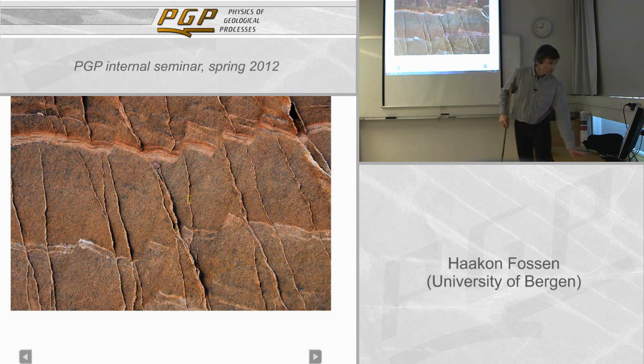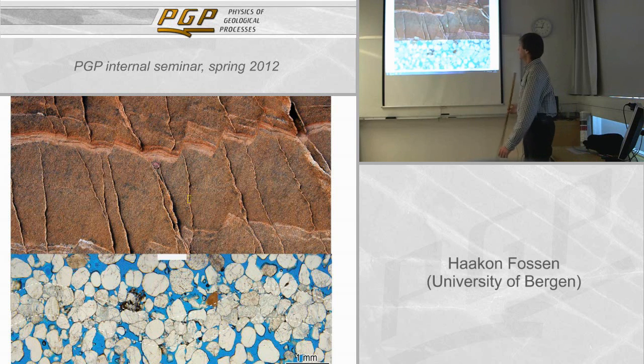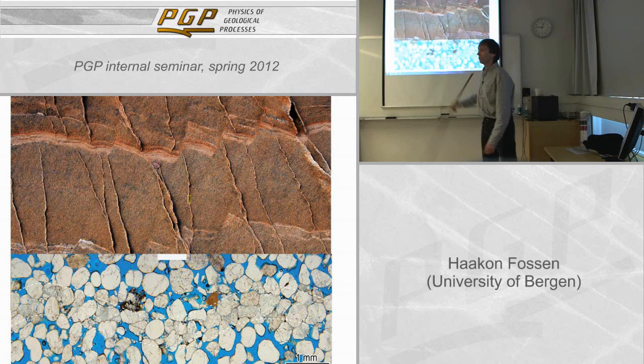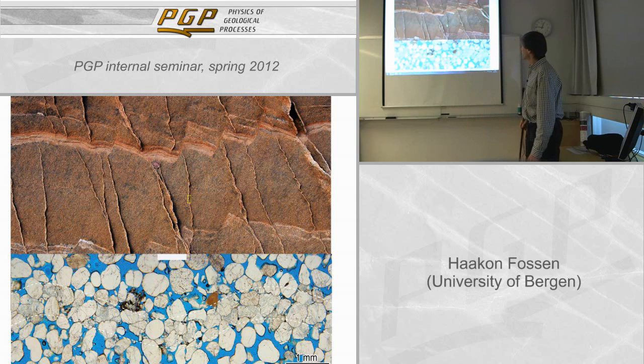And if we look at them in thin section under the microscope, these particular ones look like this. One wavelength is about 1 centimeter or 2. Well, it varies a little bit. And there is some crushing of some grains. There is some dissolution across grain boundaries.